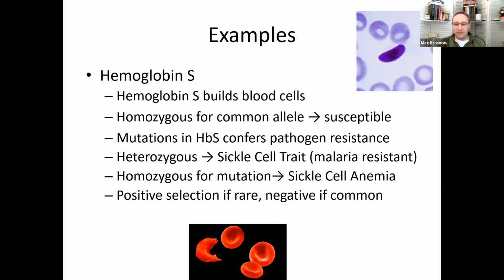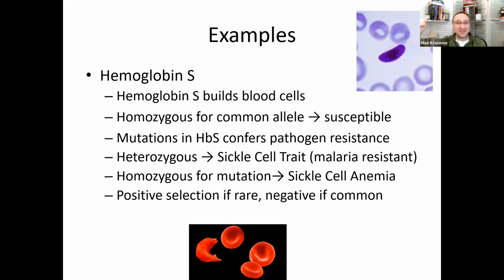This example of frequency-dependent selection is an important case to remember, because without thinking about this frequency-dependent effect imposed by pathogens, it would be hard to understand why sickle cell anemia hasn't been simply removed by natural selection, right? Why does it keep sticking around? It would be hard to interpret why some places in the world have a higher rate of sickle cell anemia than others.